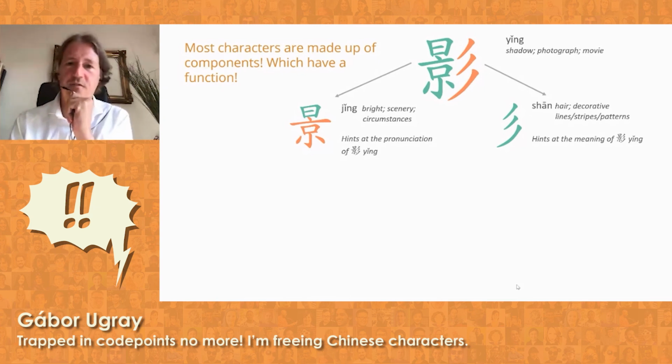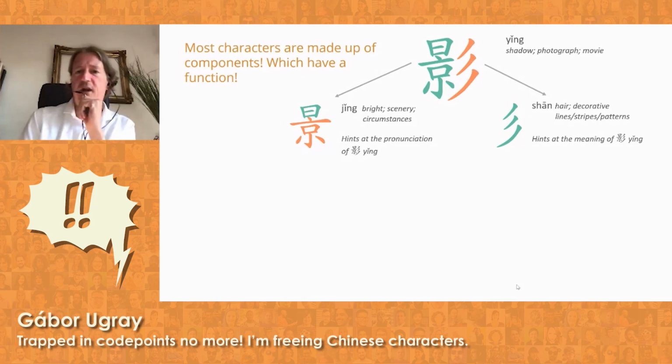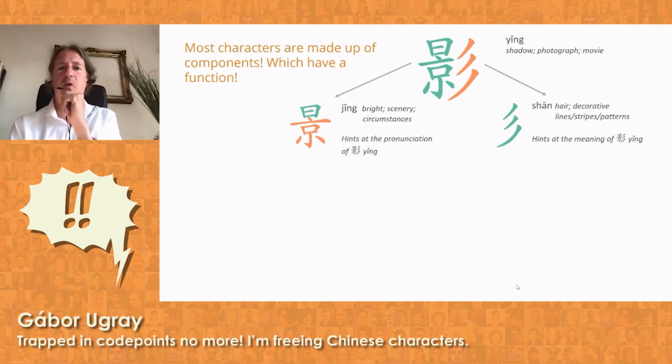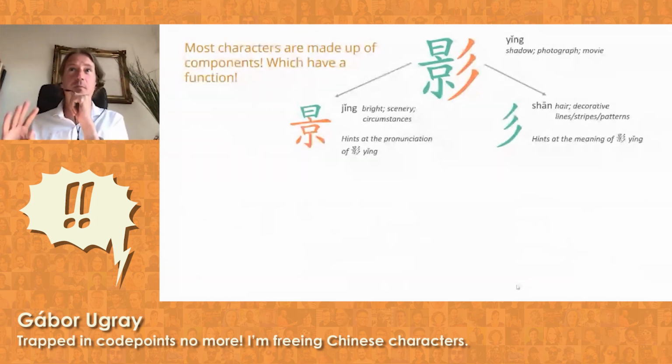The one on the right, the 3 lines, can mean a bunch of different things, hair or just stripes or a pattern. Here it is used to mean pattern, and it contributes meaning. So the way to interpret our shadow character is: this is something that has to do with patterns that sounds roughly like Ying. So that's how it makes up Ying, shadow.